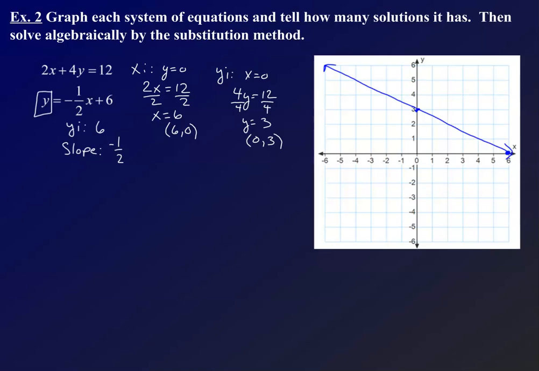So we start on the y-axis at 6, and the slope of -1/2 means that we go down 1 and over 2. So from 6 we're going down 1 and to the right 2. Down 1, to the right 2, and now we can draw our line.